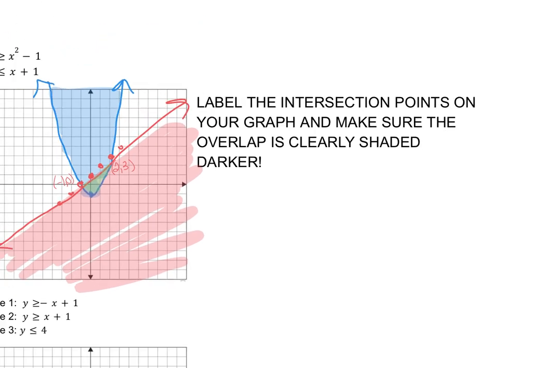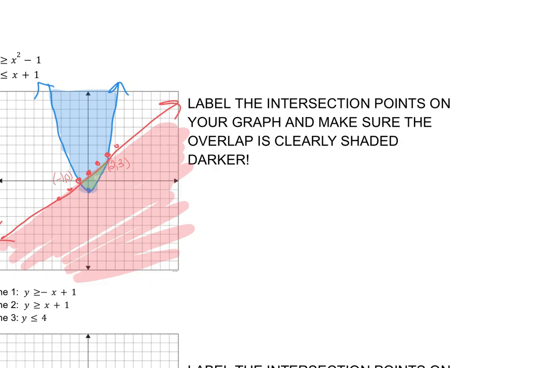But if you need to, you can always go into second trace, which will bring up a menu, and you're going to go to number 5, which is intersect. It will ask you for a left curve, right curve, so you'll have to do it twice, but it can give you both of those ordered pairs.